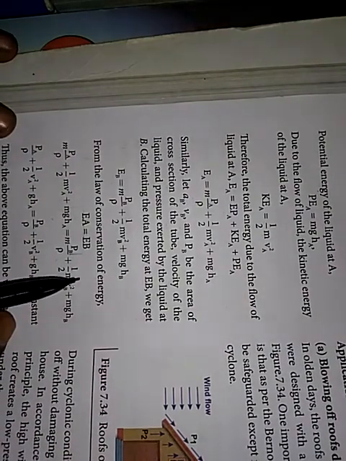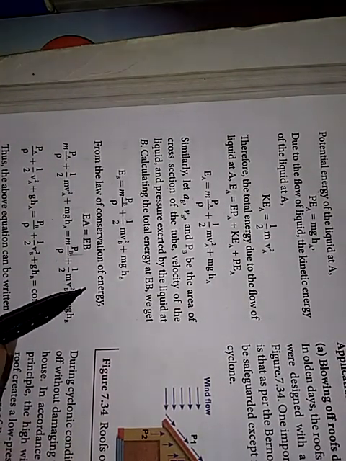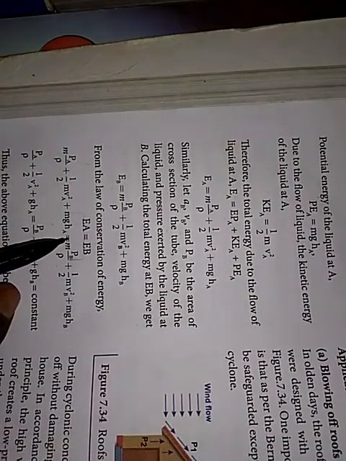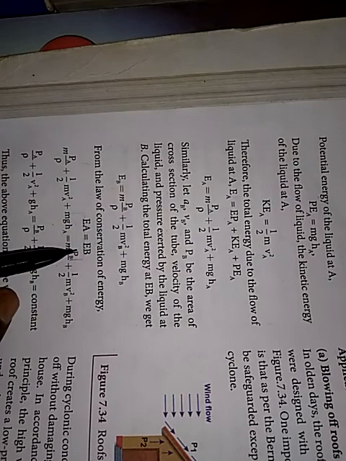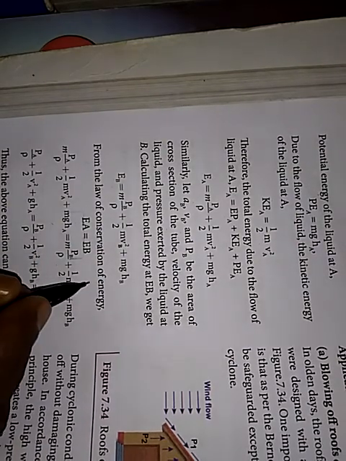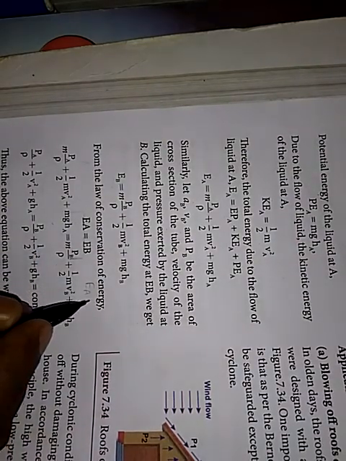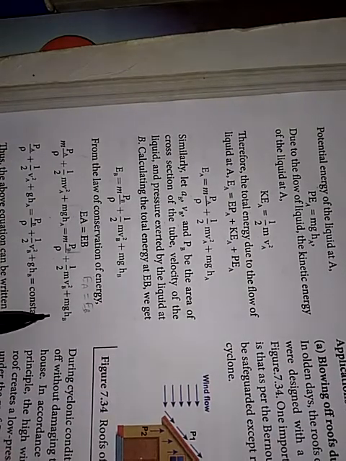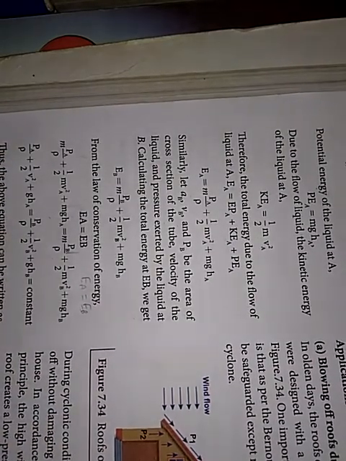From the law of conservation of energy, the energy at the inlet and the outlet has to be equal. Therefore EA has to be equal to EB. Now you equate these two equations. Mass is throughout the equation, so divide throughout by m.